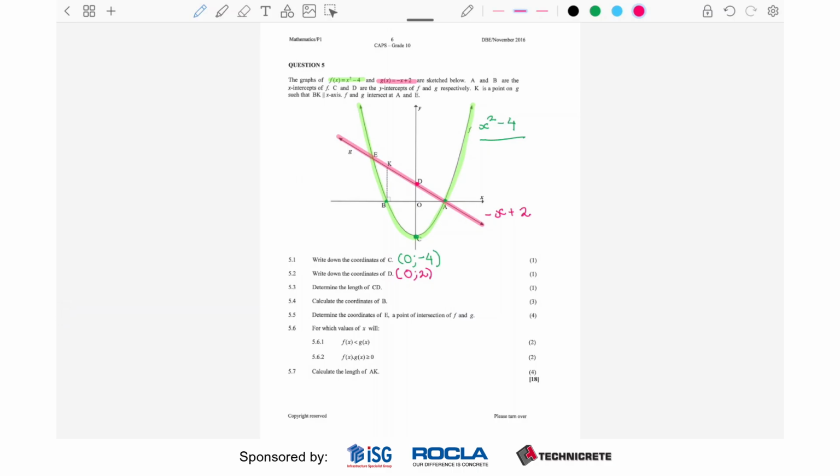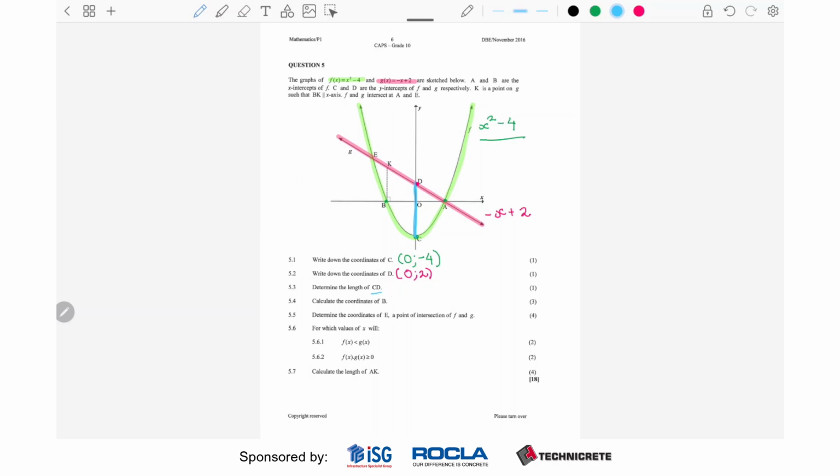Now they want us to determine the length of CD. So CD is this over here. It's along the y-axis, so all we have to do is add in the y values. So we have positive 2 plus, not add, we have to minus.